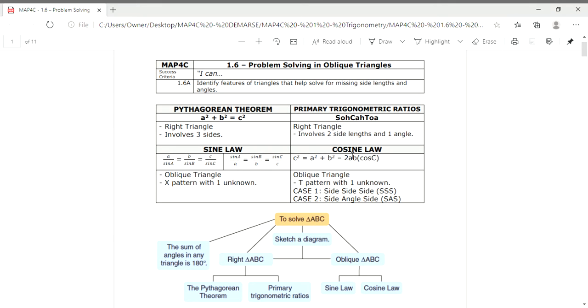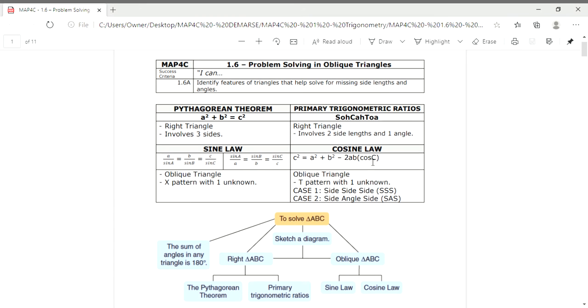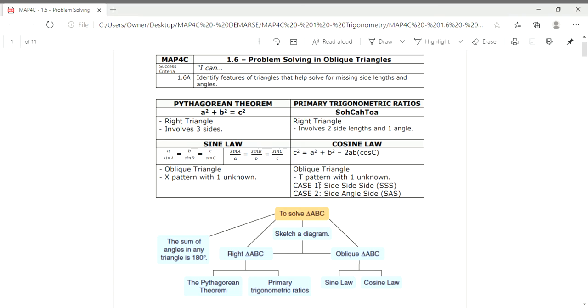Cosine law is the other tool we have to solve oblique triangles. This is used when we don't have a matching side and angle combination. Cosine law is c squared is equal to a squared plus b squared minus 2ab cos c. This is when a T pattern can be formed, but it basically breaks down into two situations.